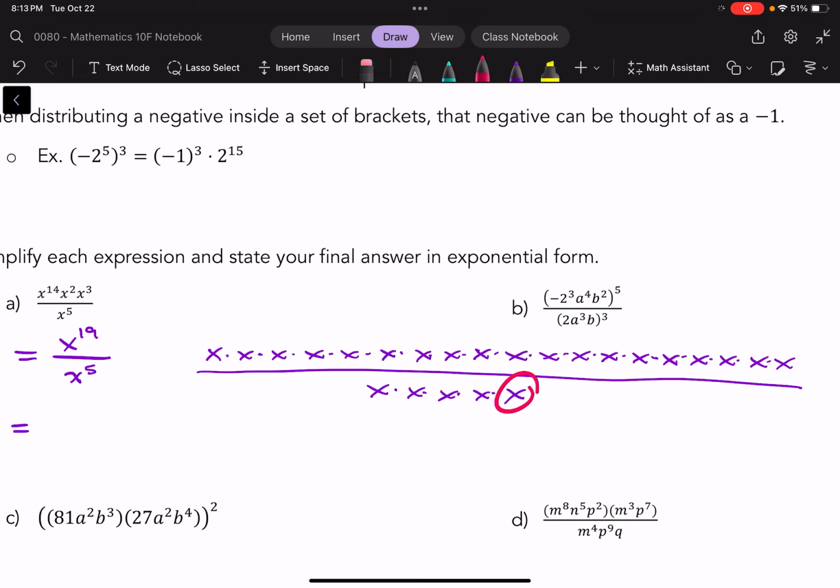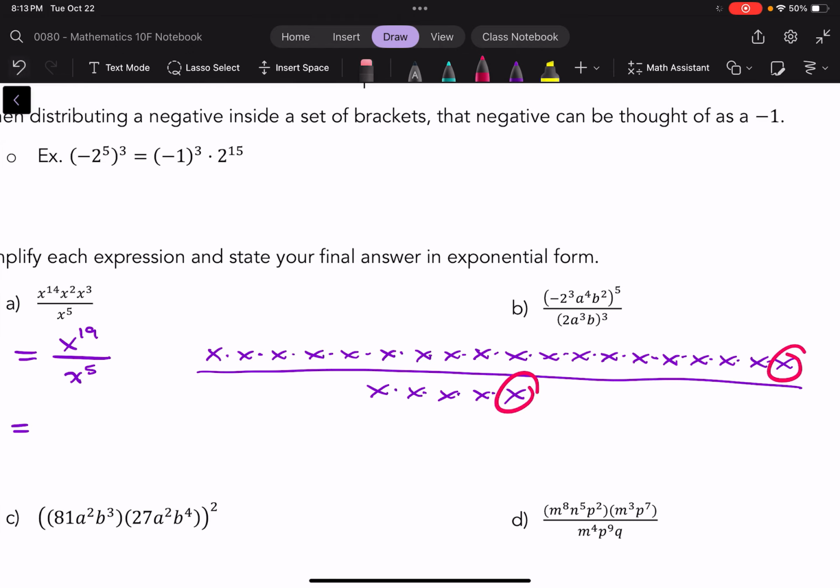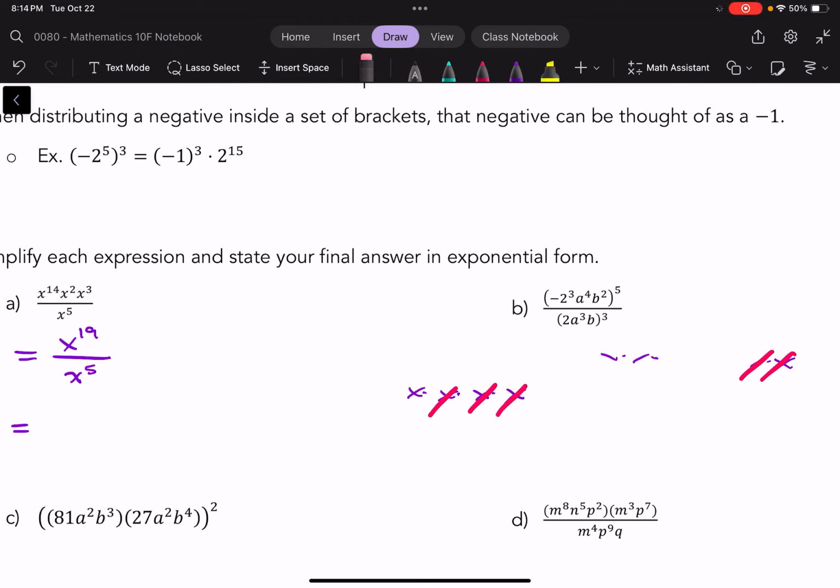Every division by x would cancel out a multiplication by x. So one of those x's would cancel one out. Another one on the bottom would cancel another on the top. That's 3. That's 4. That's 5. We took away 5 of the x's from the top. 5 are gone from the numerator. And that's why we are subtracting the exponents.